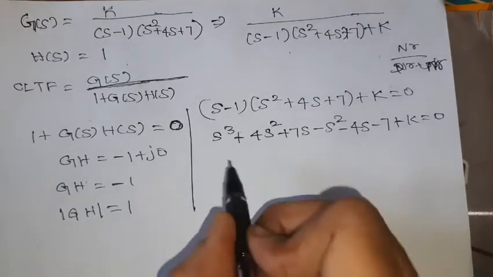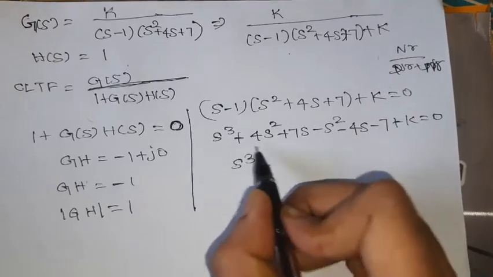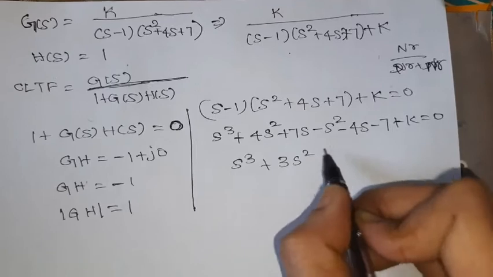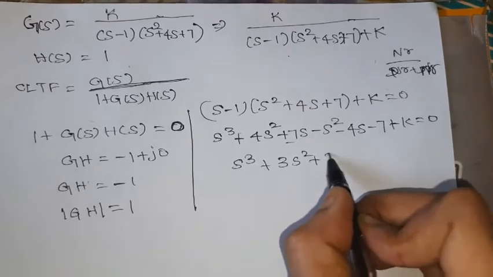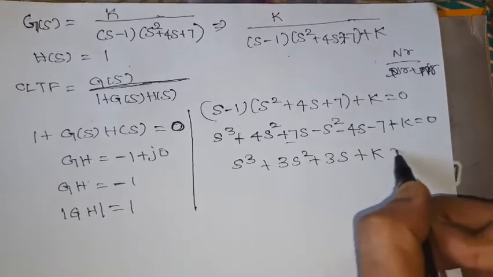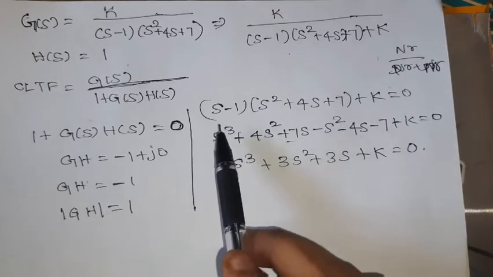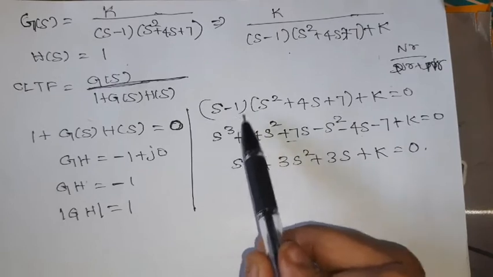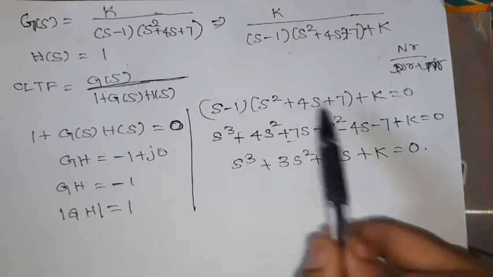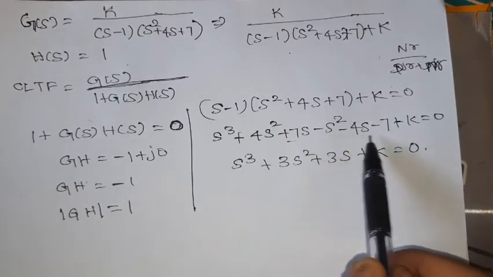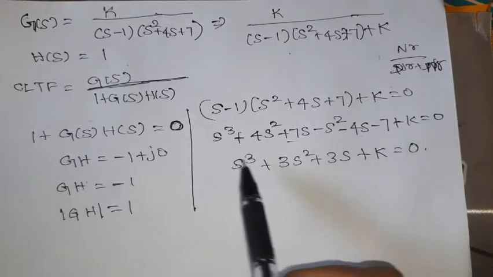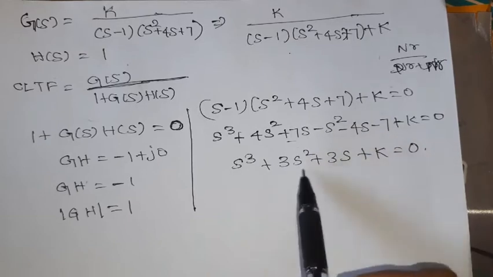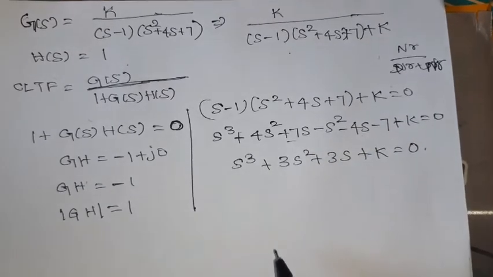Next, s cube plus 4s squared minus s squared minus 4s plus 3s plus K is equal to 0. Is that correct? We'll check one more time. s into s cube plus 4s squared plus 7s, minus s squared minus 4s minus 7, plus K equal to 0. s cube plus 4s squared, 3s squared, 7 minus 4, 3s plus K is equal to 0.